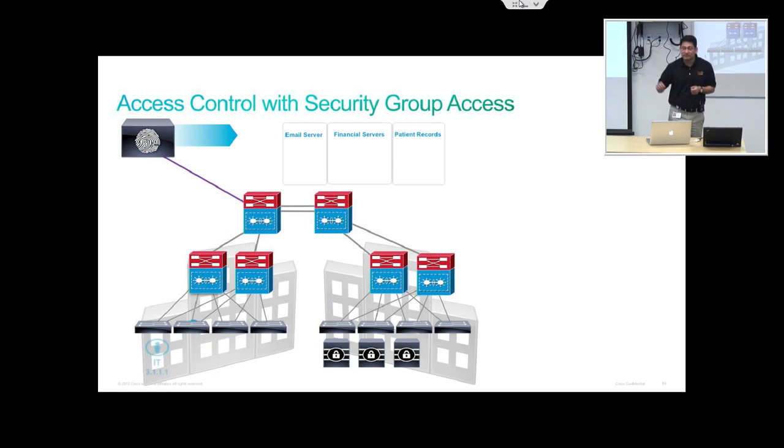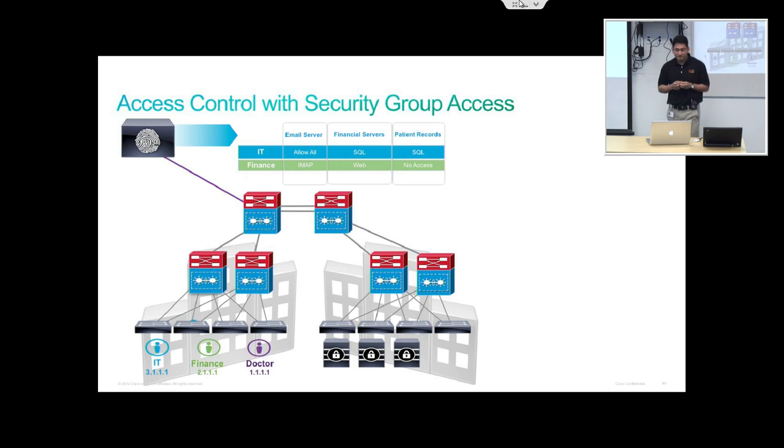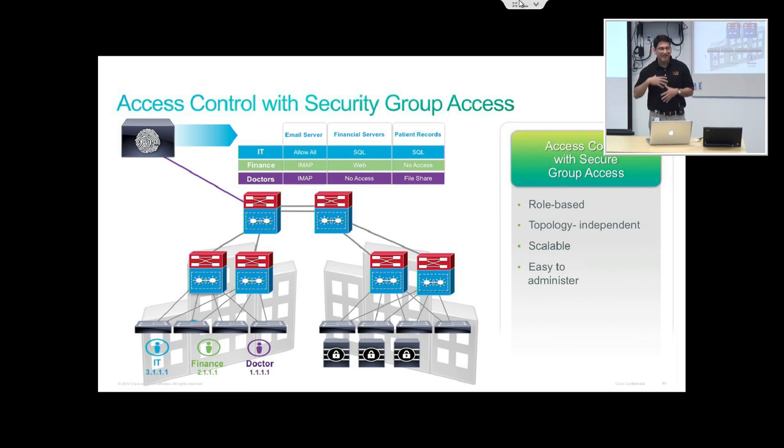Compare that with what we have done here with Security Group Access and providing role-based access control. What we have really done is we have taken out the topology dependence on all of your access control and made it based on the roles that you have in your organization. And going back to your traditional example of HR, marketing, finance, you still get the same thing, but now it doesn't matter how your network is, how your VLANs are provisioned, how your routing is happening, how you've done your subnetting.